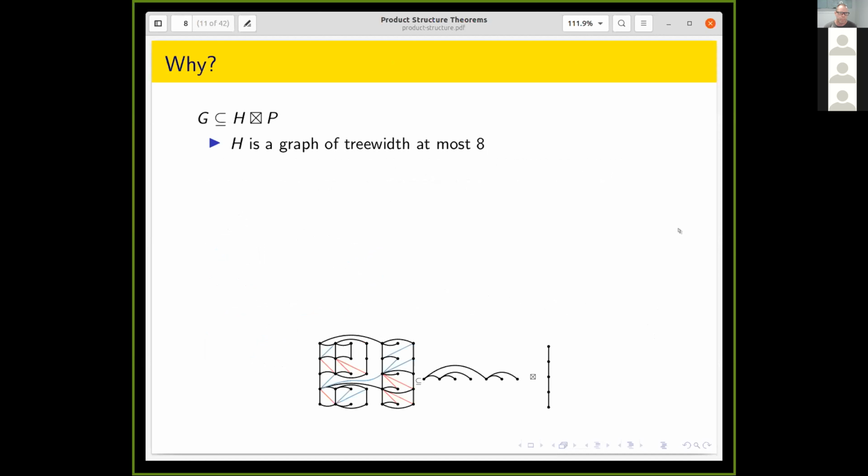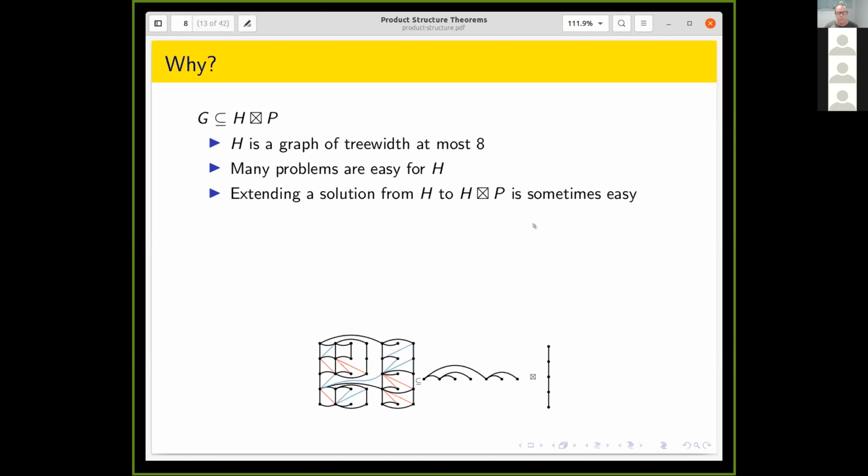Well, H in this product is a simple graph, a graph of tree width at most 8. And that means that many problems, in particular many kinds of coloring problems and many algorithmic problems, end up being easy on graphs of small tree width.